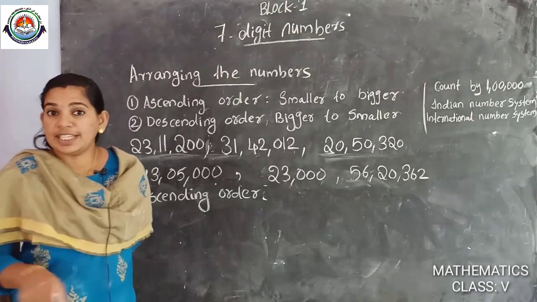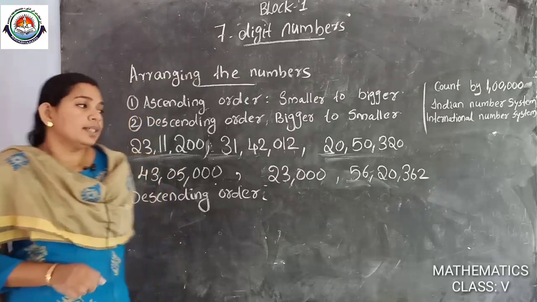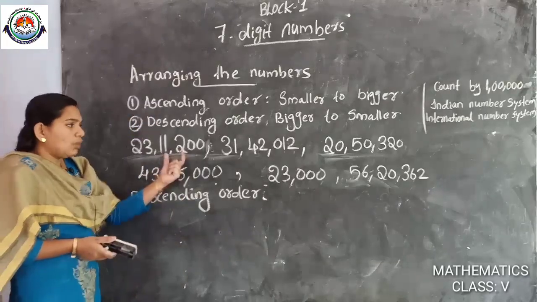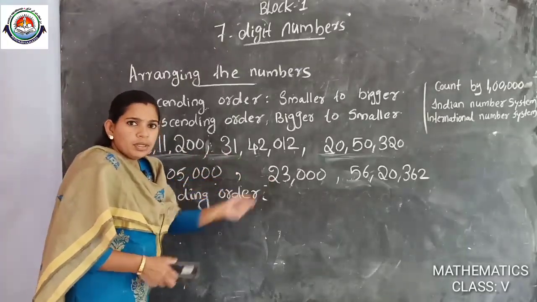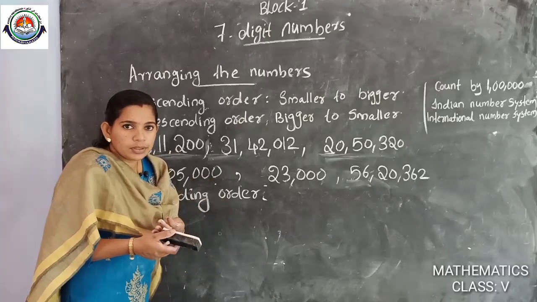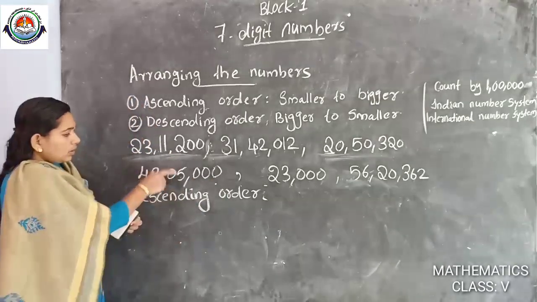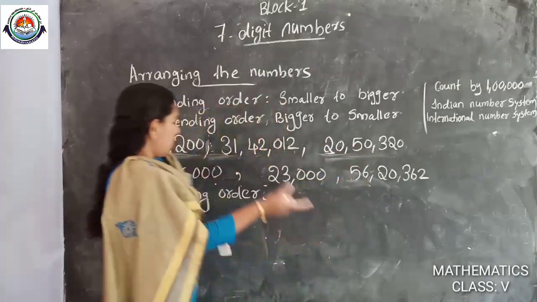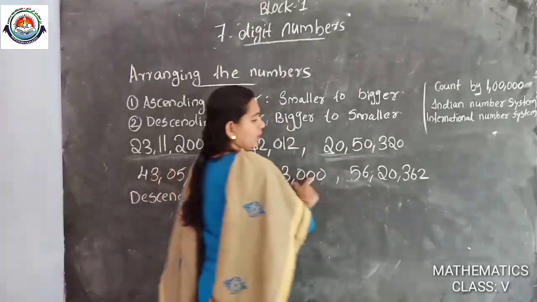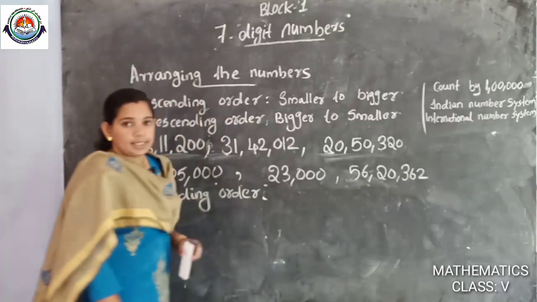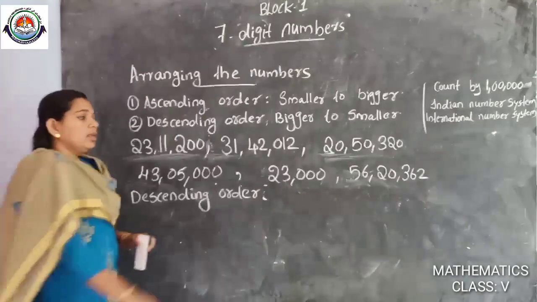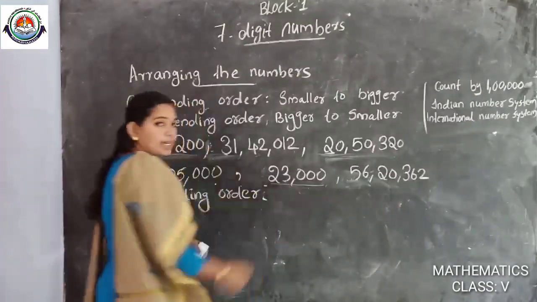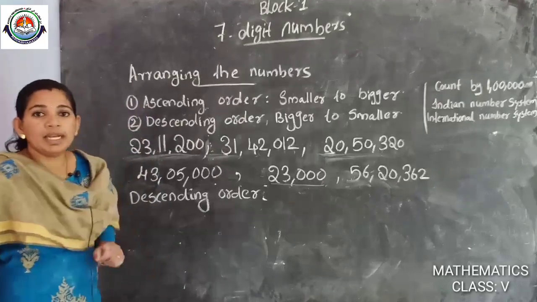So we want to check which is the biggest number here. I already counted how many digits are here. Here 7 digits, here 7, here 7, here 7, here 5, here 7. This one is only 5 digits, so it is not the biggest number.